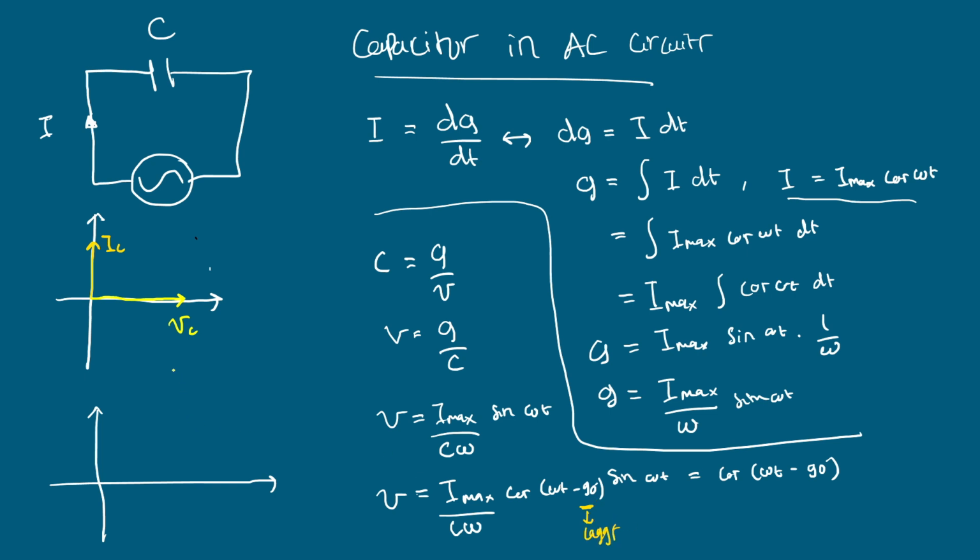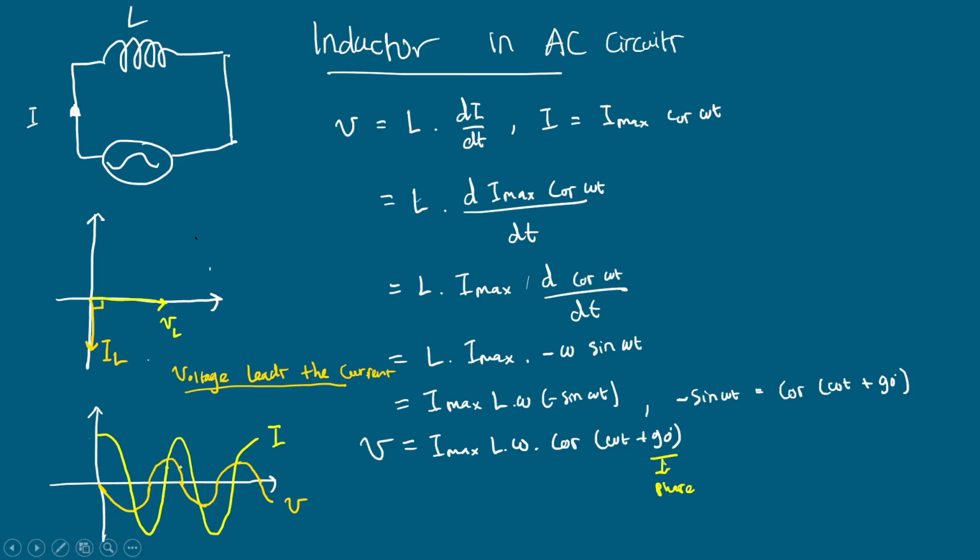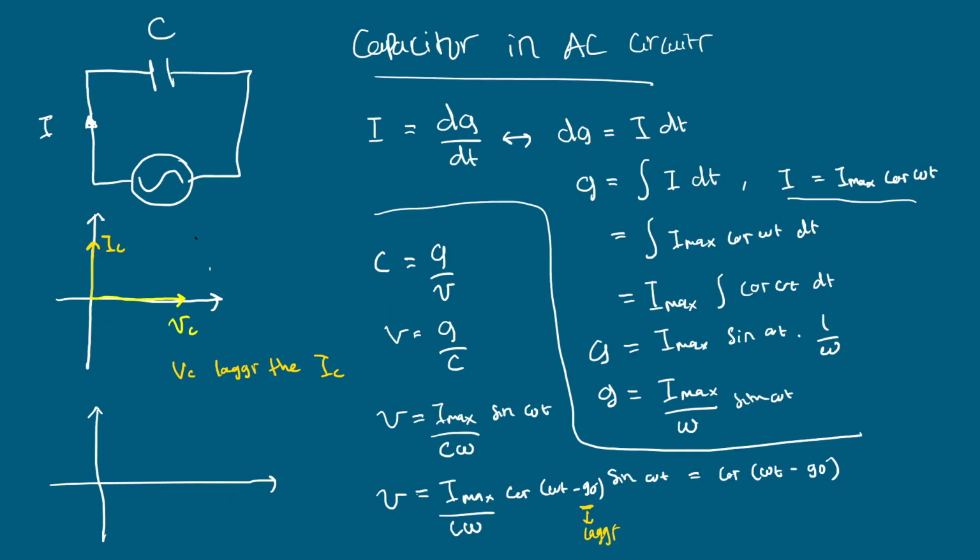So VC lags the IC. The voltage in a capacitor lags the current in a capacitor. It is different from the inductor, where the voltage leads the current, but here the voltage lags the current.